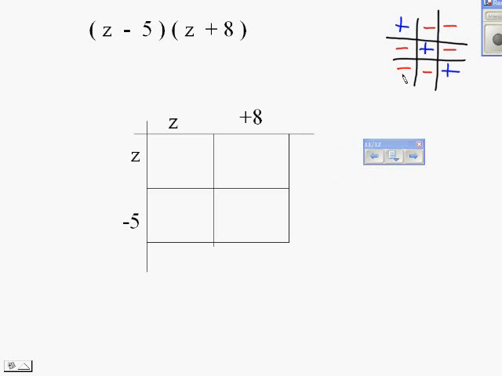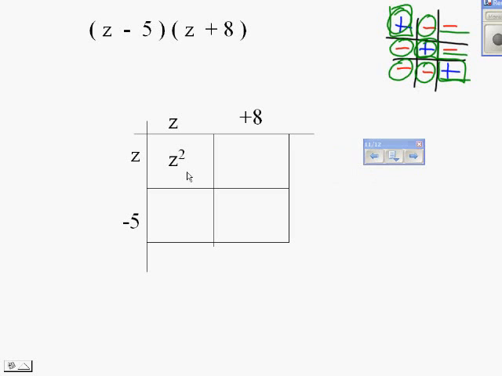For example, a positive times a negative comes out negative, or a negative times a negative comes out positive. A negative times a positive comes out negative. A positive times a positive comes out positive. No matter how you look, it works for you.